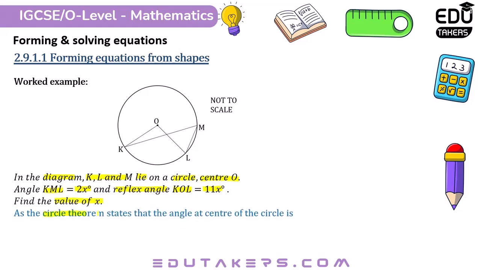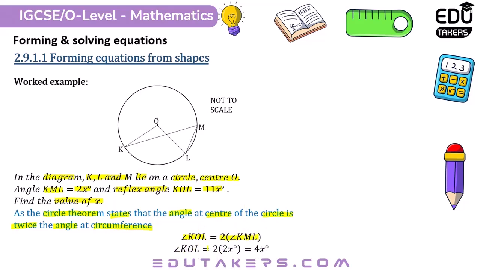As the circle theorem states that the angle at the center of the circle is twice the angle at the circumference, angle KOL will be equal to 2 into angle KML. Angle KOL equals 2 into 2x degrees equals 4x degrees.